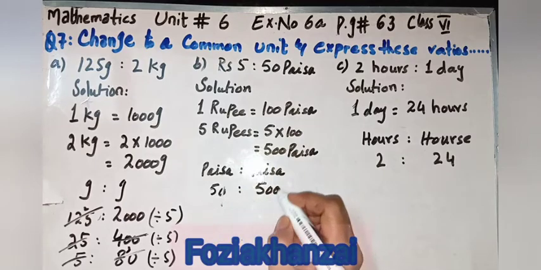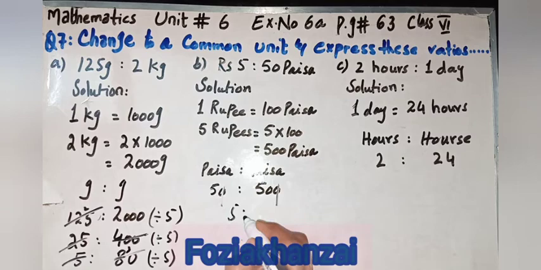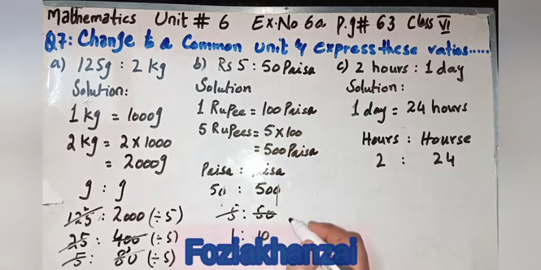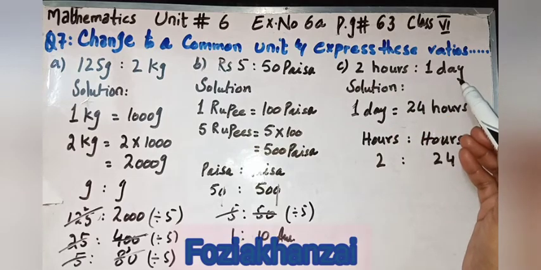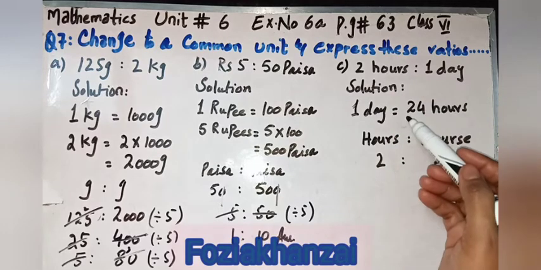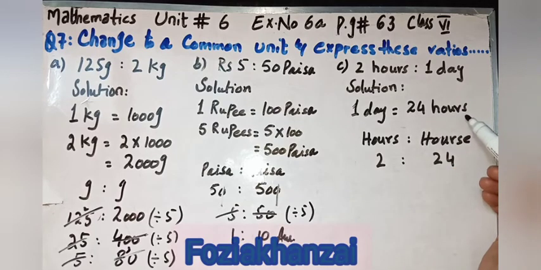Simple, 0 cut with 0. Cut it. Now 5 is to 50 is left. 5 1s are 5. 5 10s are 50. By 5 cancel it. 1 is to 10 would be the answer of the second part. Now the third part, 2 hours and 1 day is given in the question. So we know 1 day is equal to 24 hours.